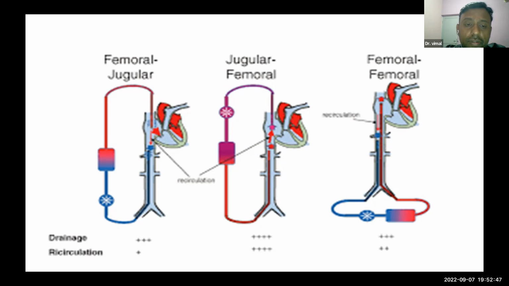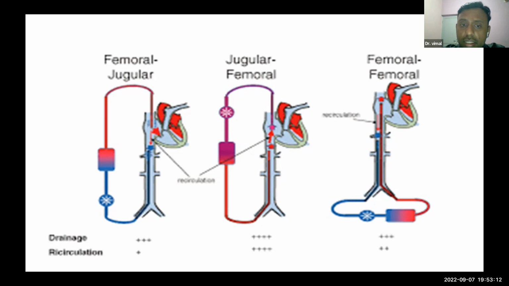One of the predominant factors contributing to recirculation is the position of the cannulas and how proximate they are to each other. Ideally, the literature says the distance between the drainage cannula and the return cannula should be at least 8 to 10 centimeters.